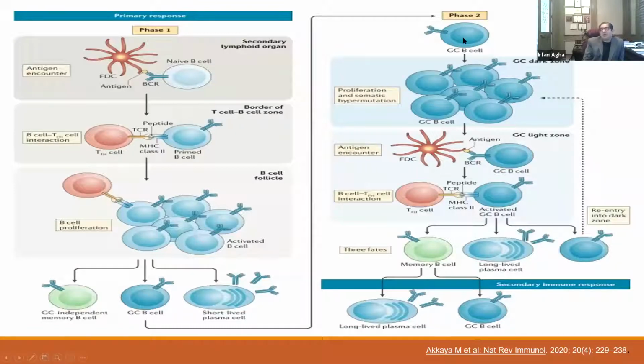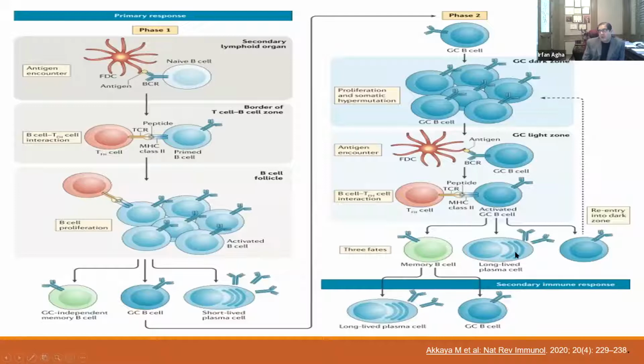This then leads to phase 2 of the germinal center reaction, and in the dark zone you see a bunch of these germinal center B cells proliferating. Again, you get help, and now they can actually develop into either memory B cells, which can then circulate, scout, and if they see this antigen again, they can immediately turn into plasma cells and give sheets of antibody very, very quickly.